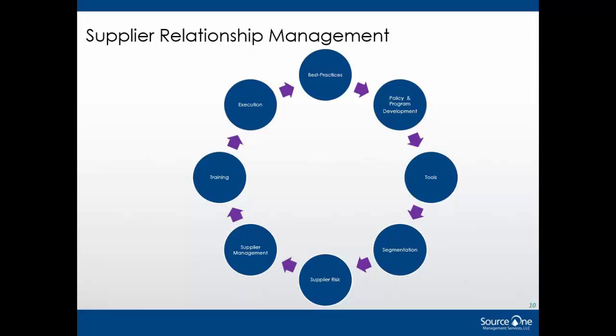And then finally, execution. Resources, identifying different benefits then with your suppliers, right? So as you're managing your suppliers on a regular day-to-day basis, how are they feeding into your risk program? Are you able to identify additional benefits beyond just the risk management?